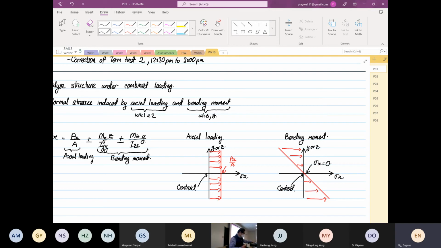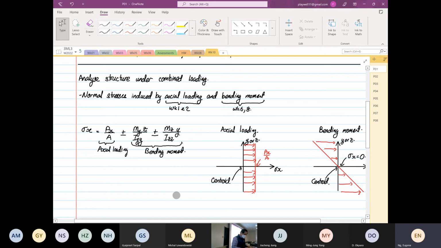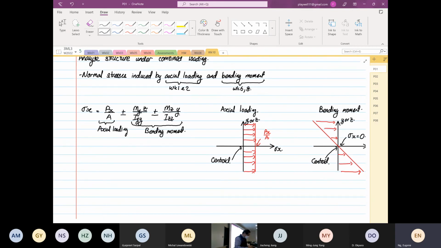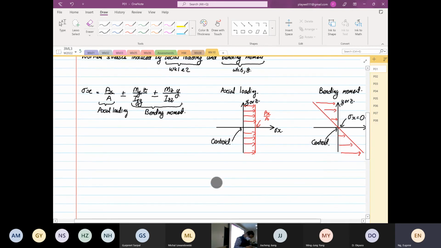So that is week 1, week 2, week 6, week 8. Then we also have learned shearing stress induced by the shear force.